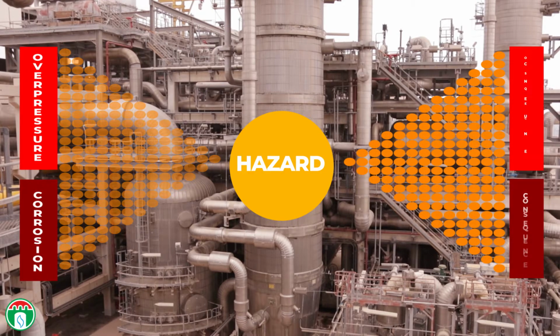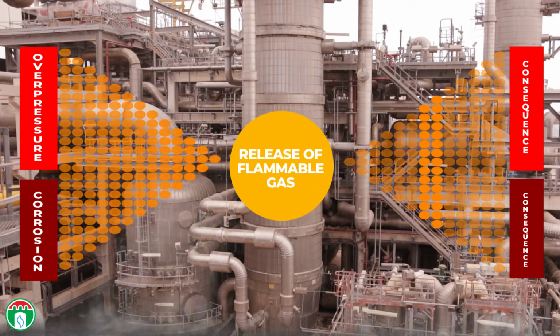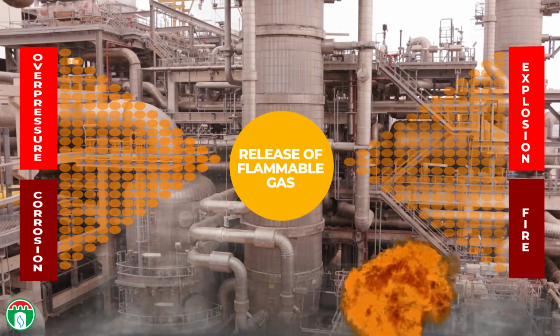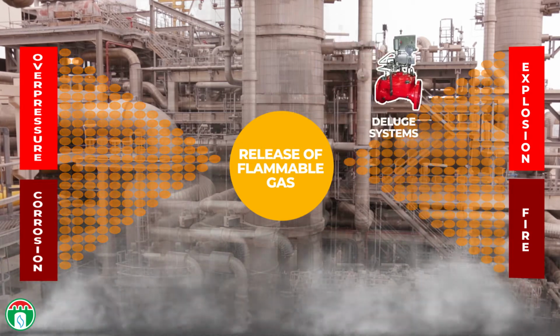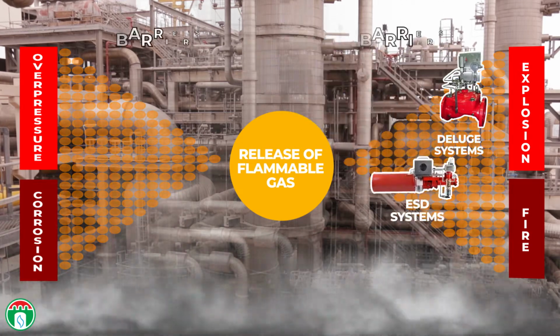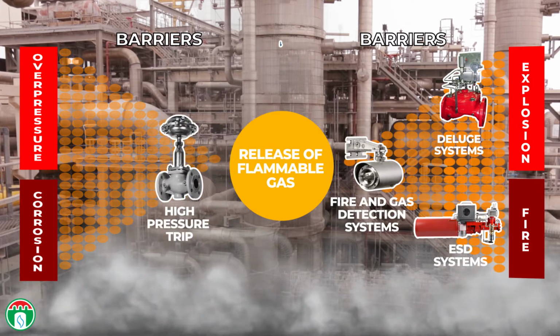The right side of the bow tie deals with what happens after a loss of control and how the scenario might escalate into different consequences. For instance, if the flammable gas is released and finds an ignition source, it could lead to a fire. Embedded throughout the bow tie, both on the right and left sides, are SCEs that underpin how to prevent, control or mitigate the major accident hazard event.